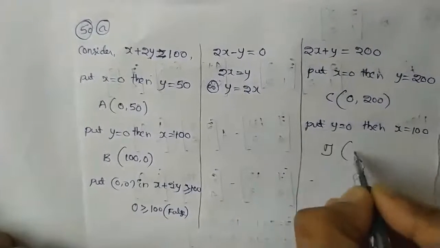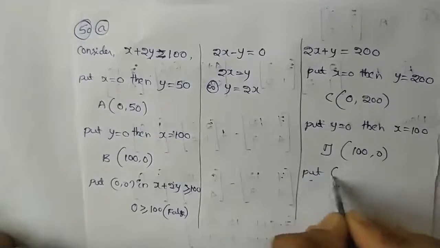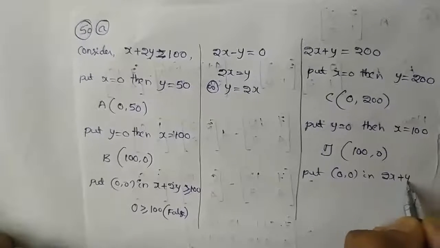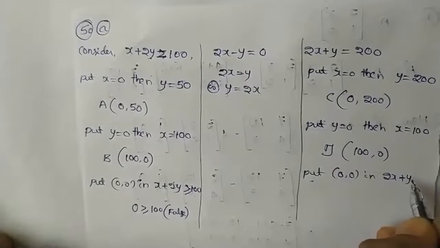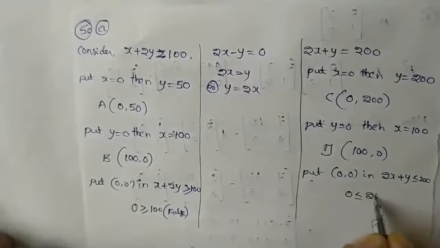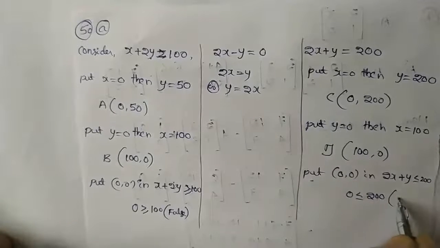Therefore the point D is (100, 0). Next, put (0, 0) in the given inequality 2x plus y less than or equals to 200. 0 is less than or equals to 200. Hence it is true.